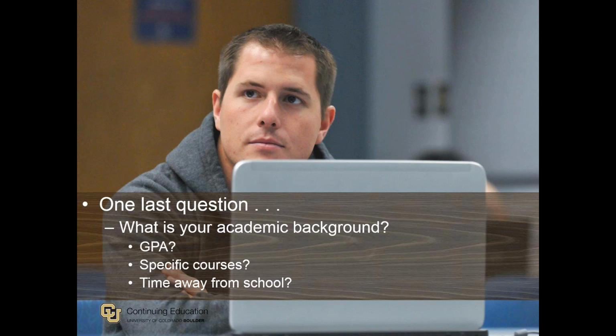Some programs have GPA requirements, and so we'll want to take a look at that. So if admission into a certain program is part of your plan and part of your goal, we'll want to see what it looks like to make sure that the courses you take with us are helping you to improve that GPA, or your GPA may already be there. So looking at your academic background is certainly a good place to start.